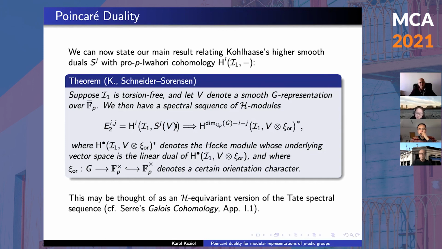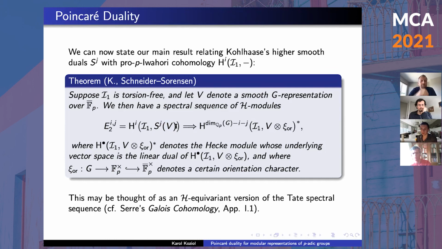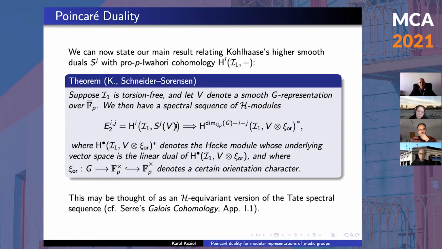But what do you take in V? The compact induction from the pro-p Iwahori to G of the trivial representation. Right. In that case, they vanish beyond the dimension of G mod B. So perhaps there you could get some extra degeneracy of this spectral sequence. This is definitely something to consider in Schneider's context.